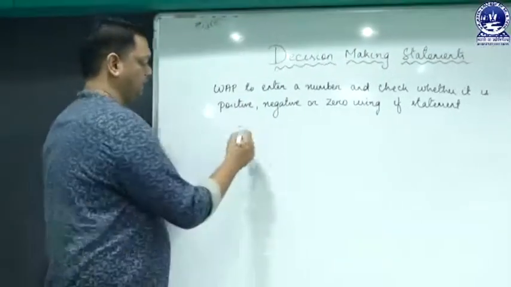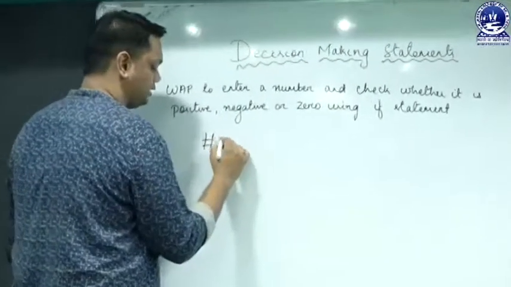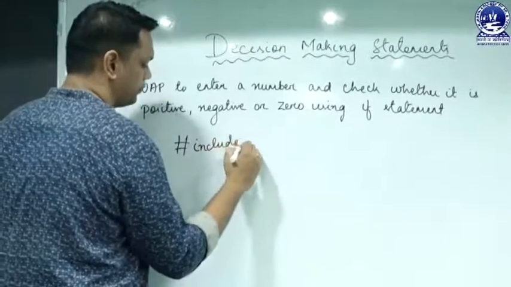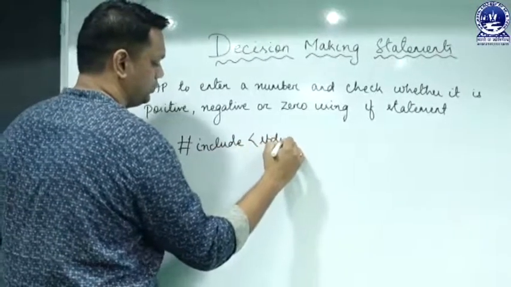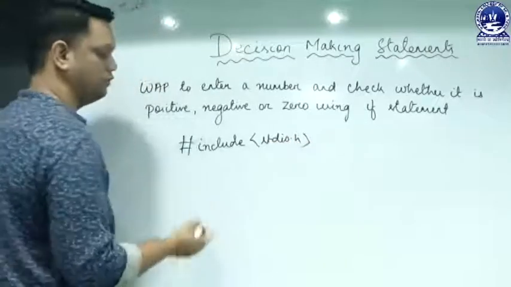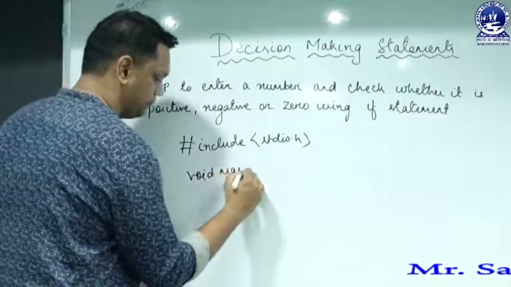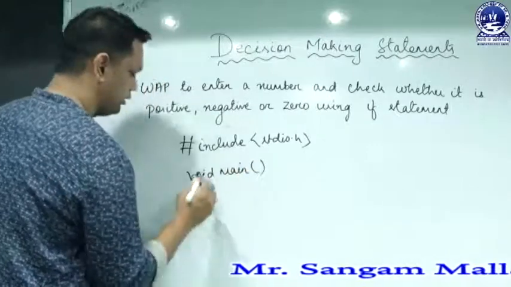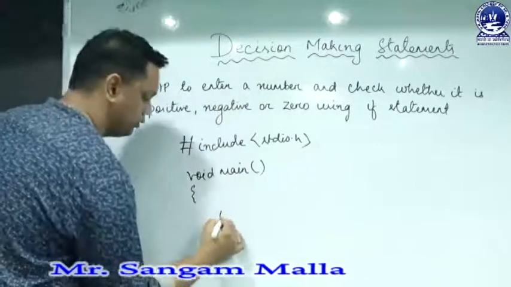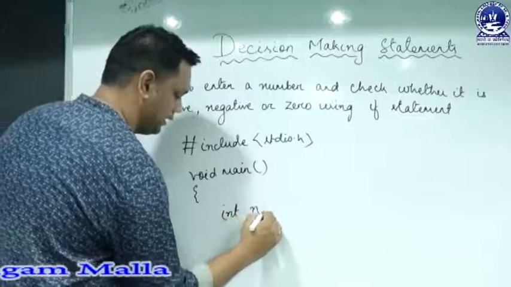So let's say our program will start with #include <stdio.h>, which is the header file as per the structure of a C program. Then next comes your void main. Then we have to enter a number, so let's say int n.